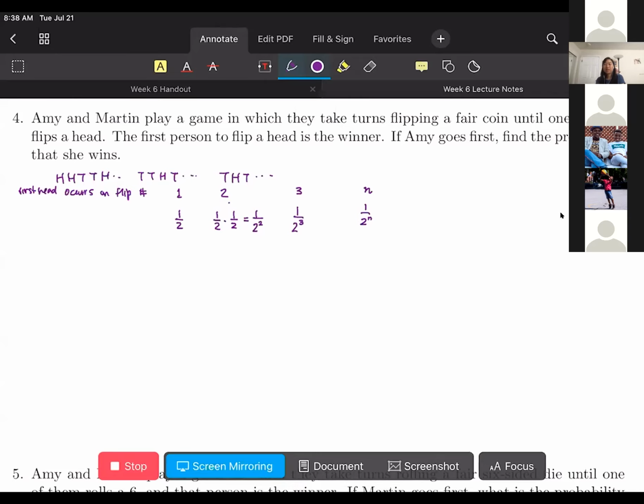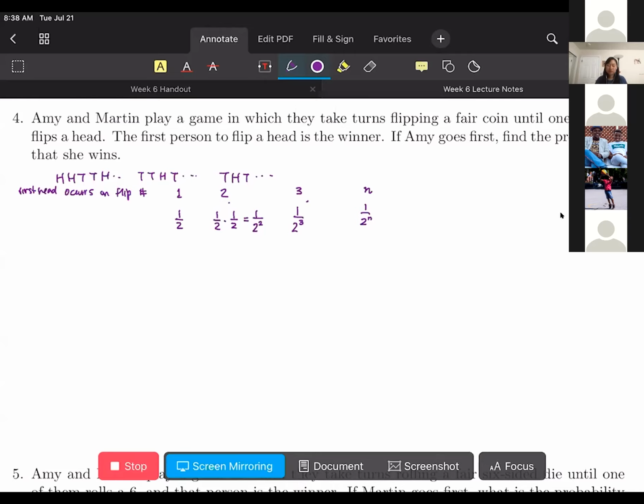And then if Amy flips a head, then she wins. So that's if the first head occurs on flip number 3. If Amy still doesn't flip the head, then Martin flips again. And if Martin flips a head, then he wins. So basically, each of them has multiple chances at winning if the previous person still hasn't flipped a head.